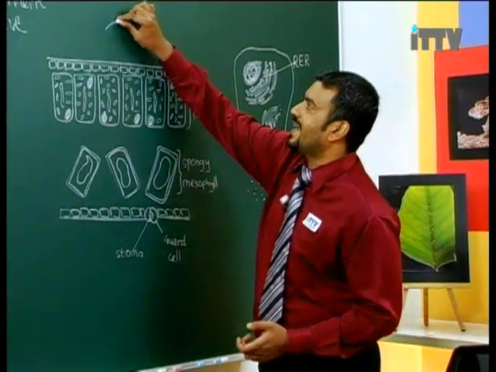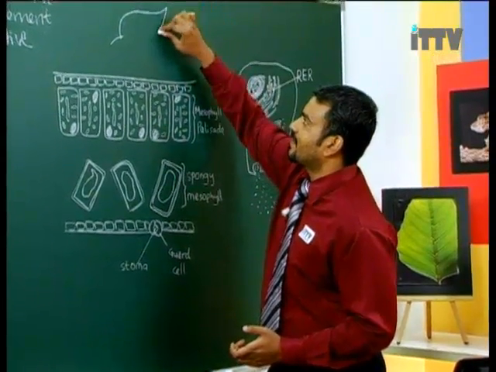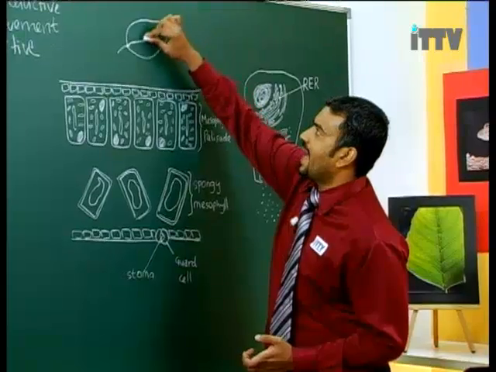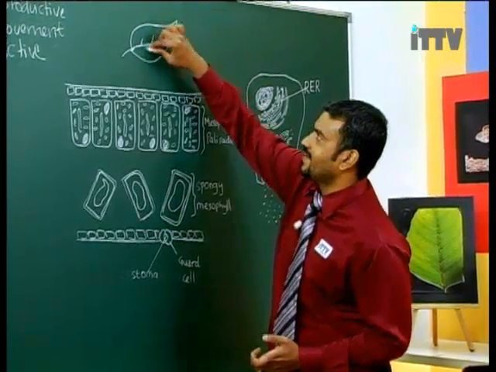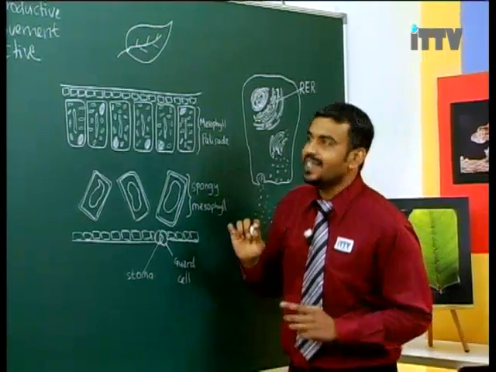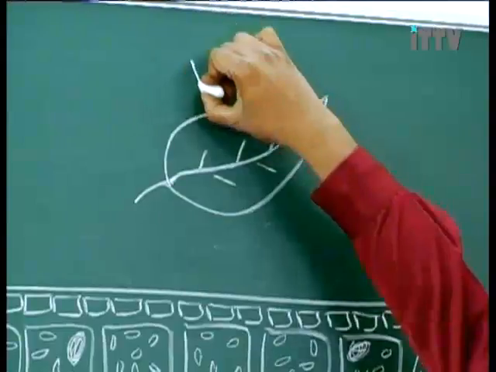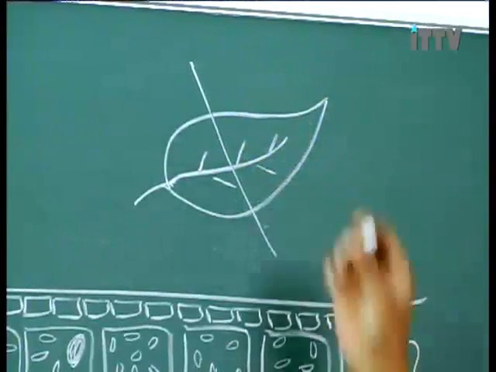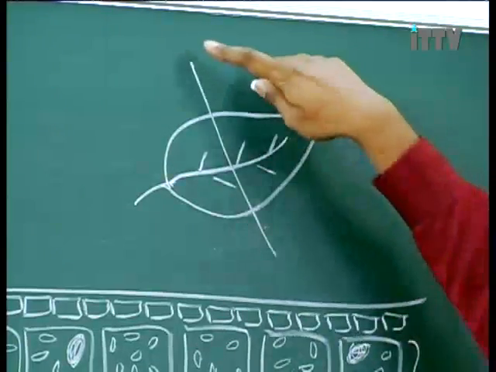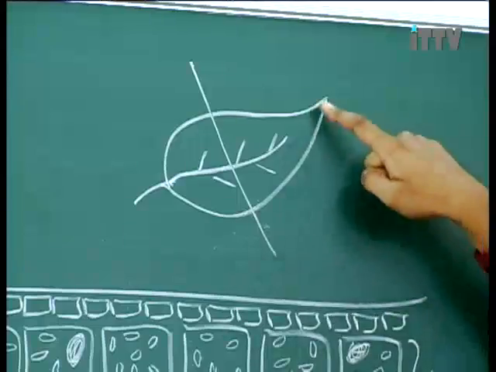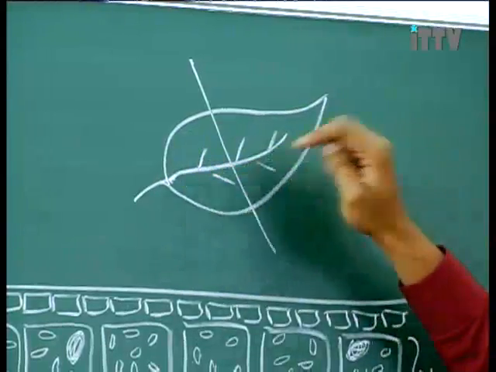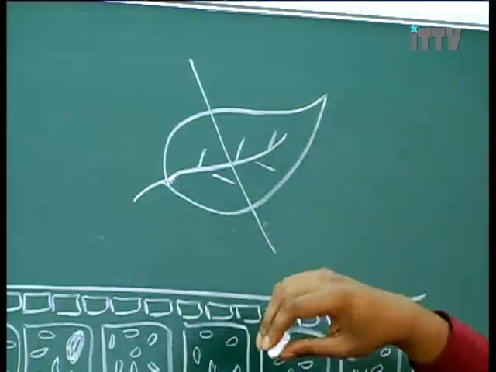Imagine you had a leaf, and the leaf had veins, right? Now imagine that I cut the leaf across. What did I do? I cut it across. When I cut the leaf across, this part of the leaf and this part of the leaf are two separate parts now.